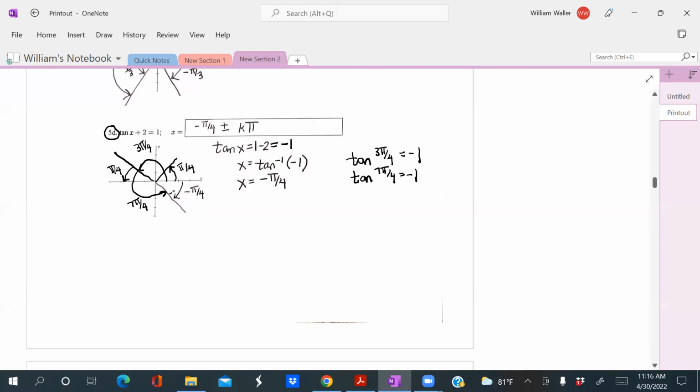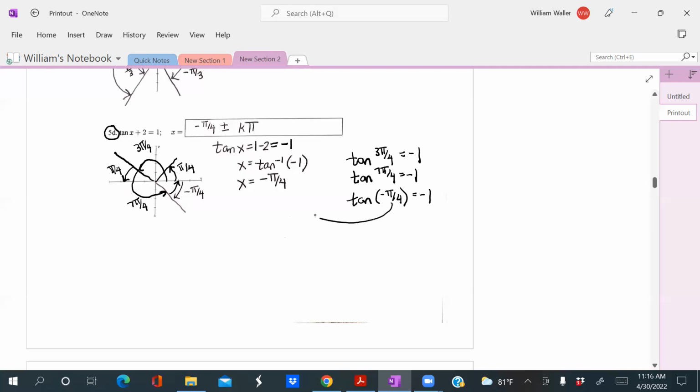Its reference angle is indeed positive pi over 4, right? So you know that the tangent of minus pi over 4 is going to be the same as the tangent of pi over 4, except the sign will be negative. And that would give you negative 1.